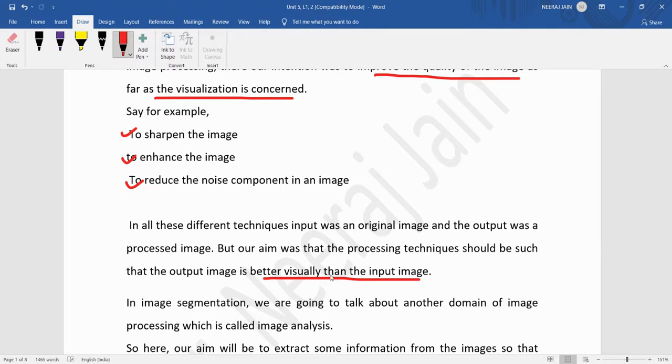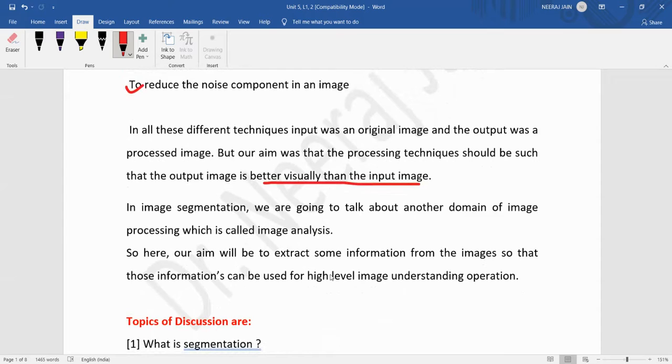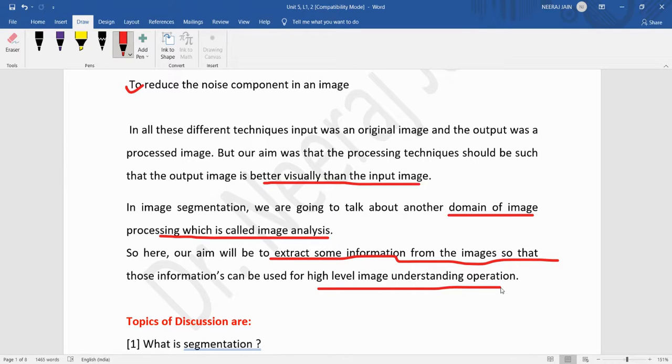In image segmentation, we are going to talk about another domain of image processing, which is called segmentation, or image analysis. Here our aim is to extract some information from the image so that this information can be used for high level image understanding operations.